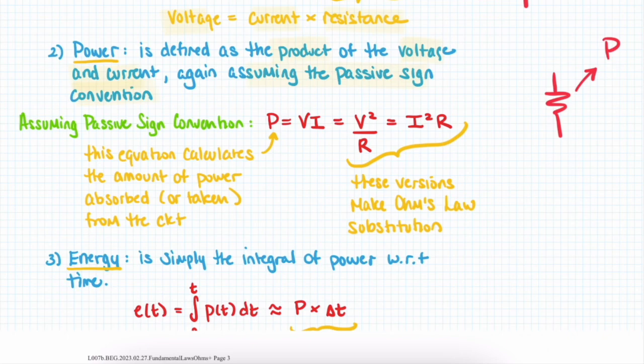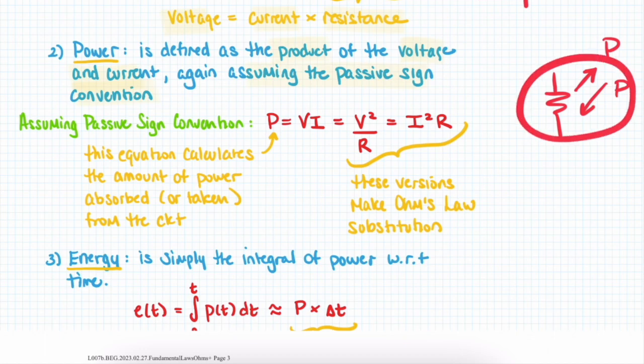Let's say some sort of electric heating element draws power from the system and creates heat. However, you can also have something like a thermocouple, which draws heat or some other form of energy from the system, or a photovoltaic cell, and generates power.